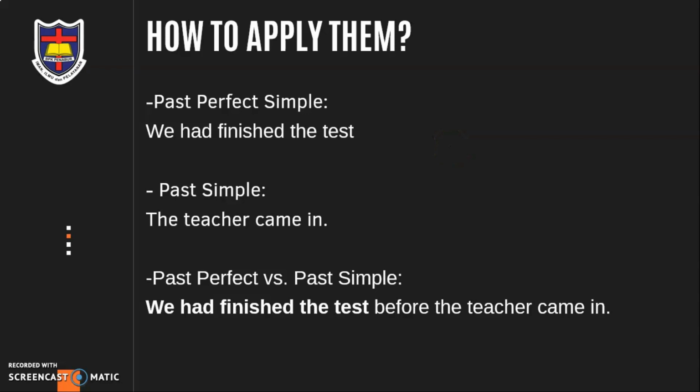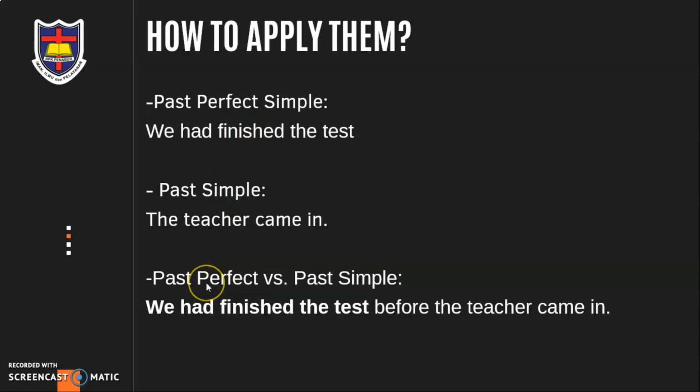Just imagine which action finished before the second action, or which action has been done as the first action, and then which one is the second action. Because I have put the title past perfect, the past perfect will be the first action, followed by the second action in past simple.